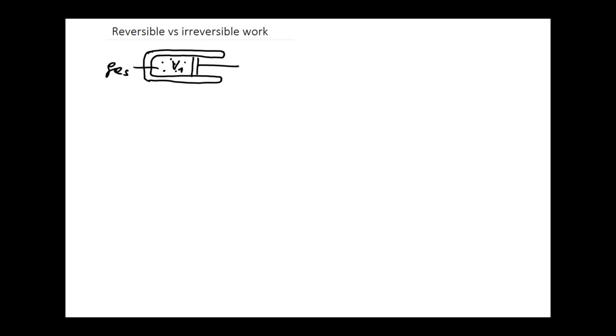I drew deliberately thick walls of the cylinder and also thick walls for the piston to indicate that this gas is thermally insulated. So there's no coupling to the outside, and there's no possibility for energy to flow in the form of heat.